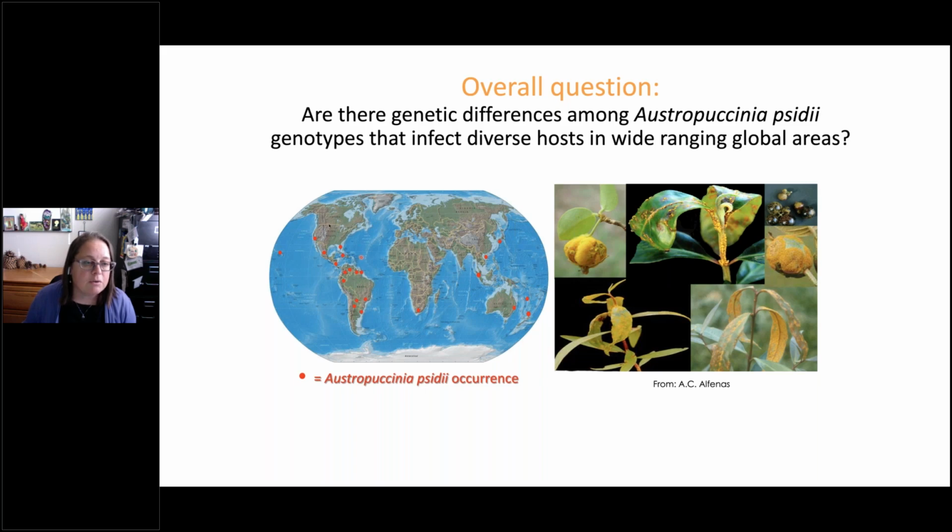As you can see on this graph, Austropuccinia psidii has been found in the Americas, in Africa, and also in Oceania and other areas. So looking at different strains, what's the diversity that we see?